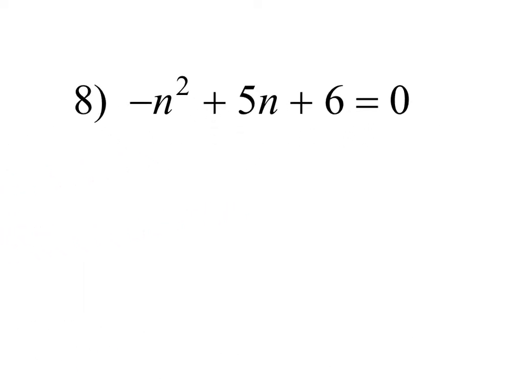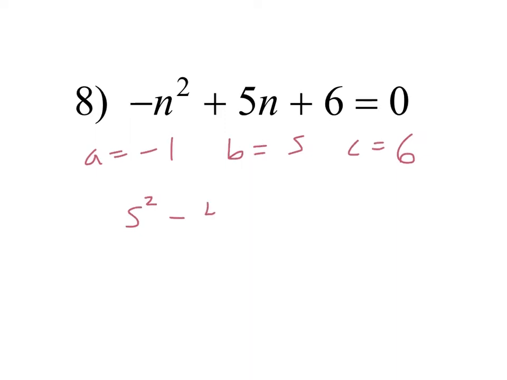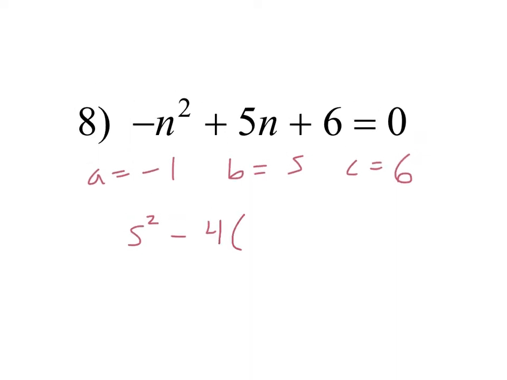Okay, number 8. What do we do first? Mia, what's our A? What's our B? And what's our C? What do we do next? 5 squared minus 4 parentheses 1 parentheses negative 1 parentheses.